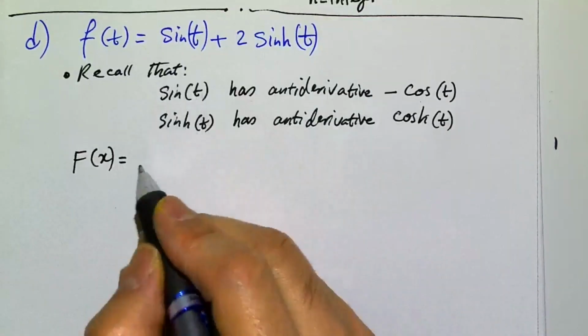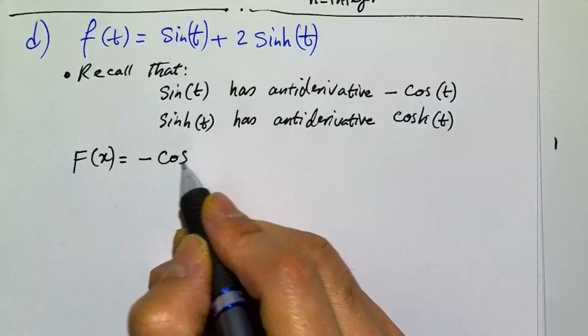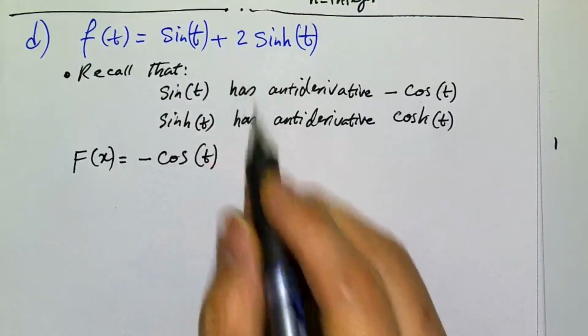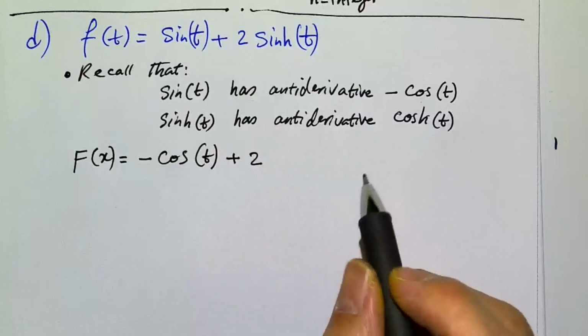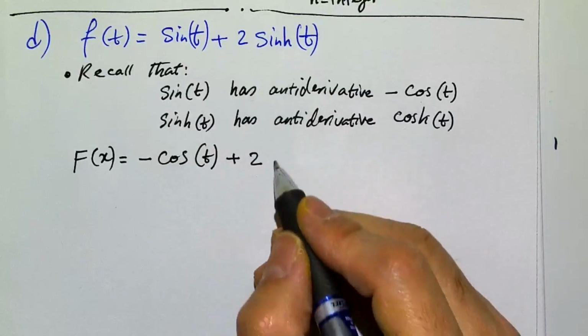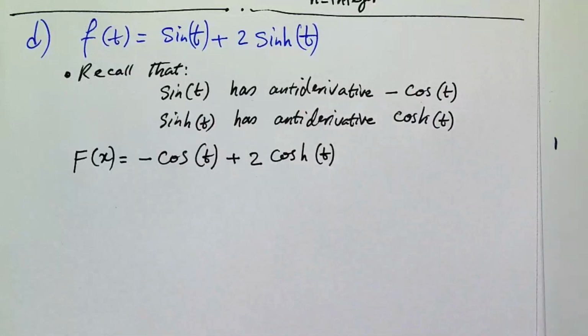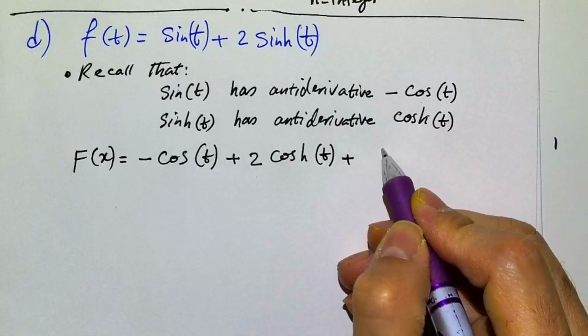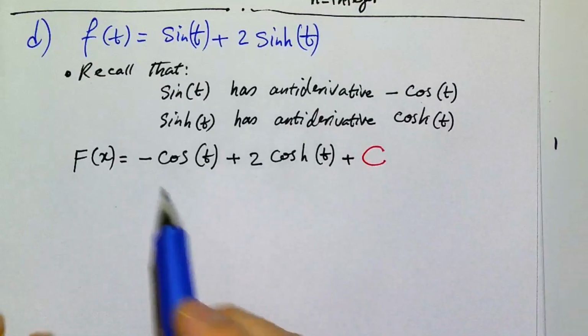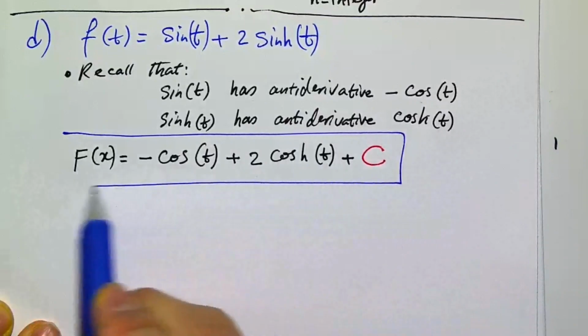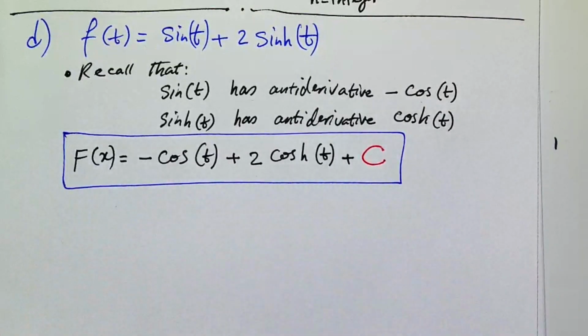That is going to be minus cosine of t plus 2 times hyperbolic cosine of t, plus, of course, do you remember? C, right? The constant value that may have been there. Like that. Okay, so let's do more examples here.